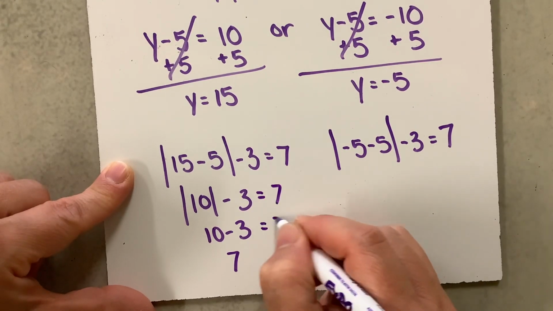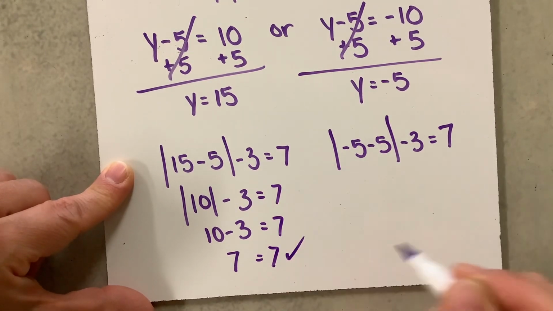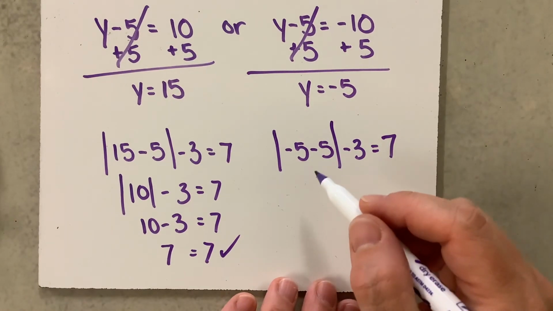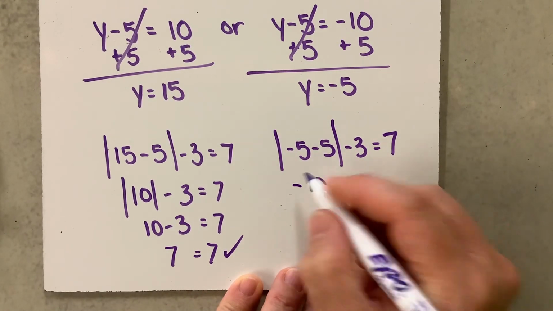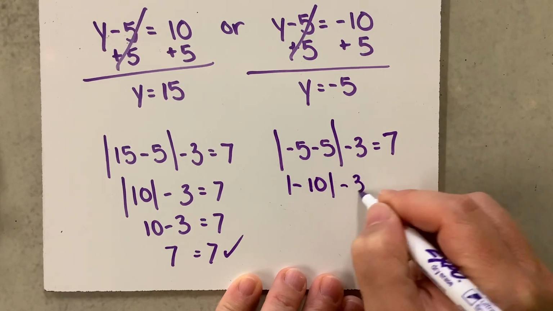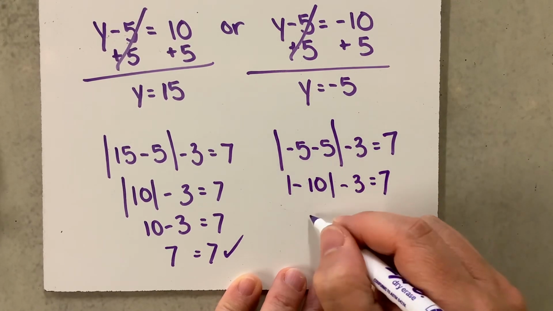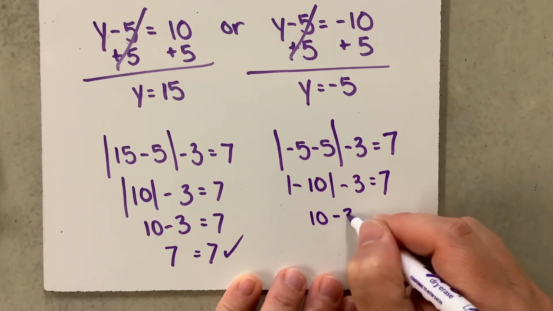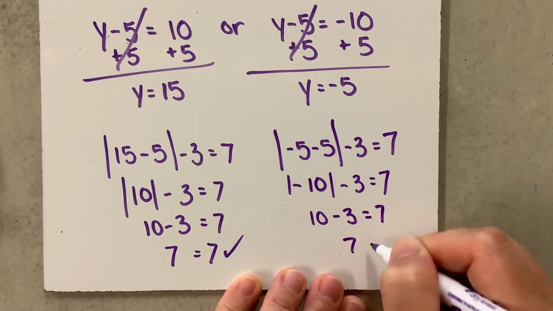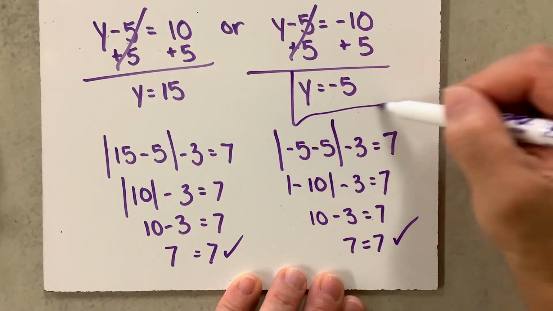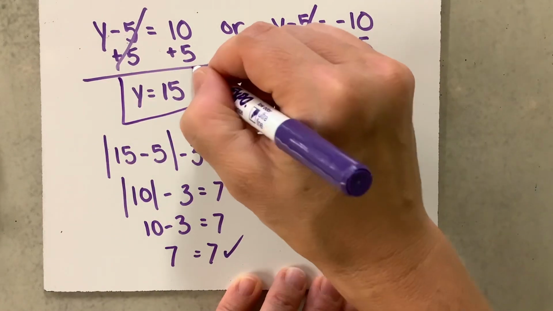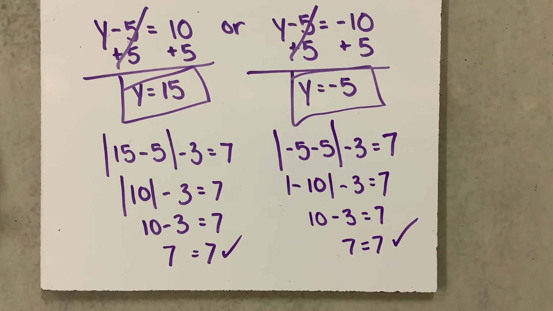So that is true. Over here, -5 minus 5 is -10. The absolute value of -10 is 10, and 10 minus 3 is 7. So it is also true. So both of these are solutions to this problem.